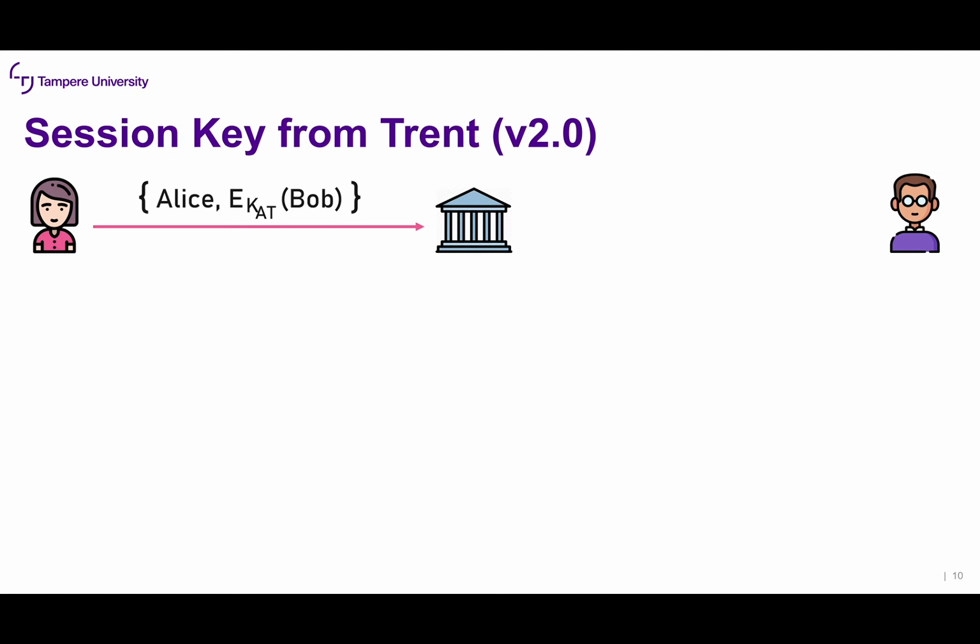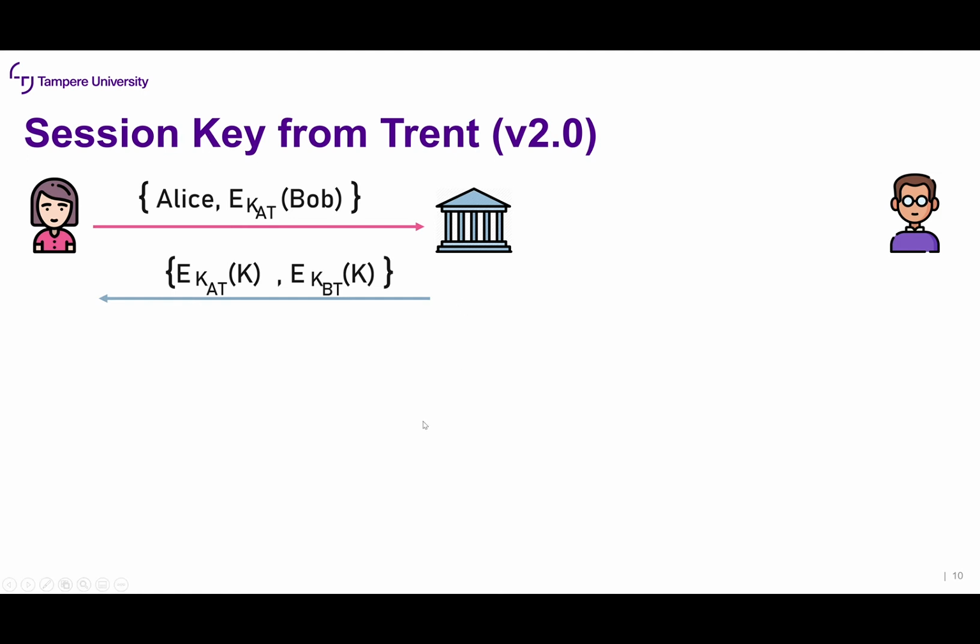Now, upon reception, Trent knows that in order to decrypt the second part of the message that contains the recipient's identity in an encrypted form, he has to use KAT, because it is known from the first part of the message, which says that the sender is Alice. Good. So Trent decrypts Bob's identity and then generates the session key K that is sent back to Alice, right? The rest of the protocol is the same.